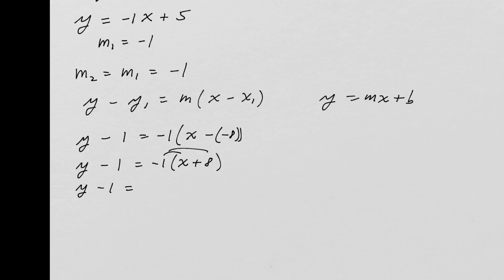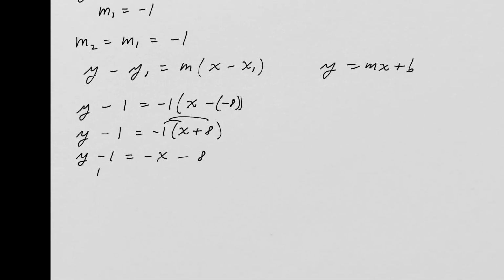So y minus 1 equals negative x minus 8. And then finally, I'd have to add 1 to both sides. So I have y equals -x minus 7. And that would be the equation of my line that's parallel to that given line and passes through the point -8, 1.